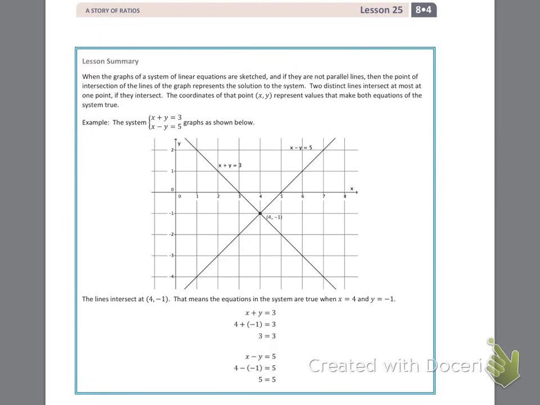The coordinates of that point, x, y, represent values that make both equations of the system true. Remember, they both have to be true at once with the same solution for it to be a solution to the system. Okay, and so this diagram here is just showing you two equations who are intersecting at 4, -1, and how they're checking that.